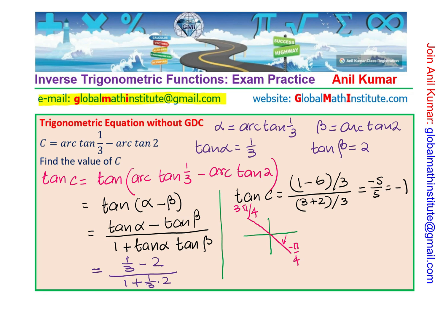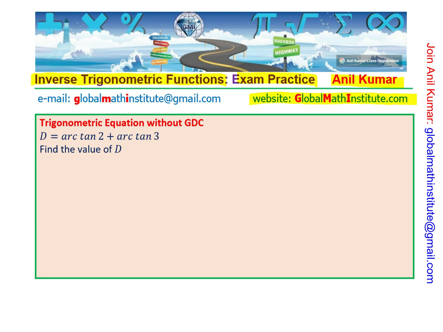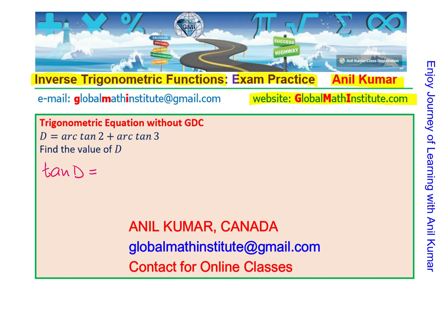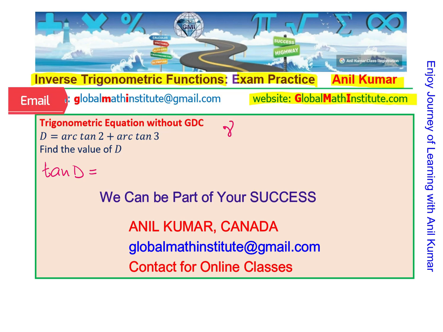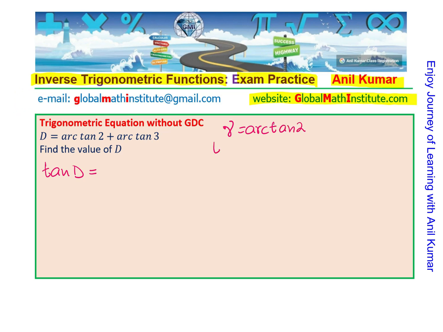Okay, let's also see the solution of the part we are calling D. Once again, we do the same thing for this question, which is D equals arctan 2 plus arctan 3. So tan D can be written as follows. Let's call this angle gamma equals arctan 2, so tan gamma is 2.